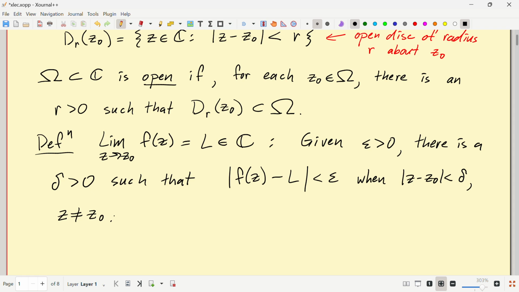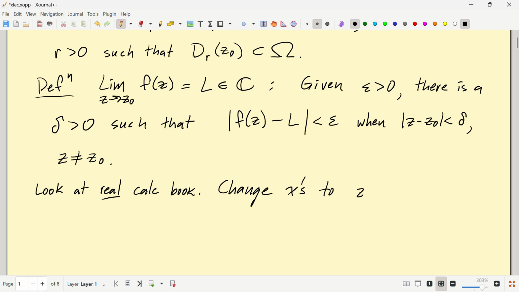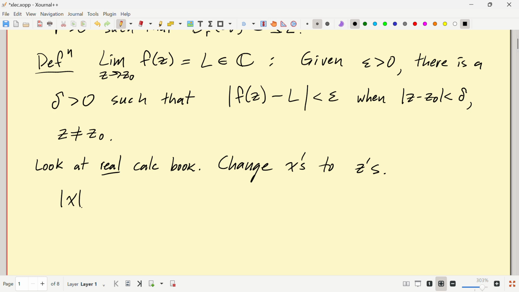And in fact, it's an easy exercise to realize that. So pull out your freshman or any old calculus book, look at your real calculus book, change the x's to z's, and change the absolute value of x to the modulus of z.